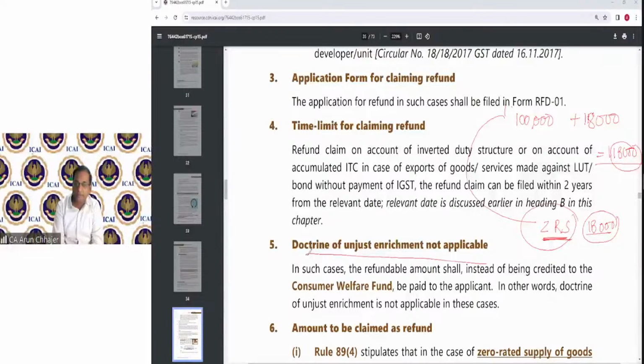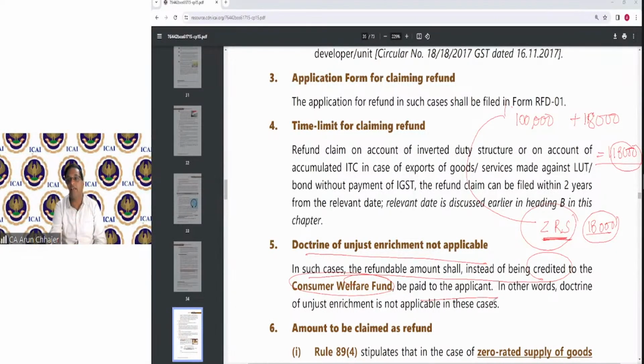Doctrine of unjust enrichment, in such cases the refund shall not be given to the applicant. So in this case क्या होता है? In this case what happens? Instead of giving the refund to the applicant, it goes to the consumer welfare fund. In other words, doctrine of unjust enrichment is not applicable in these cases. In which case?